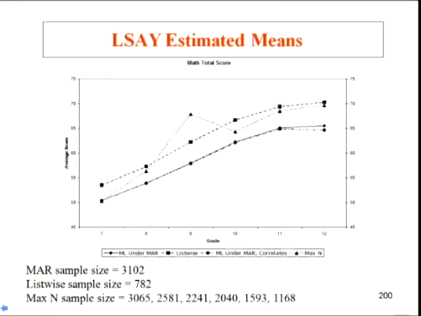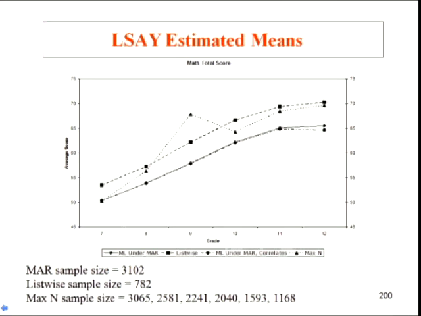to what's coming. You would think that it's very easy to estimate a mean for a variable. But with missingness, that's no longer true. Take, for instance, the mean of the LSA math score at grade 9. It can either be that high, that low, or somewhere in between, depending on which method you use.